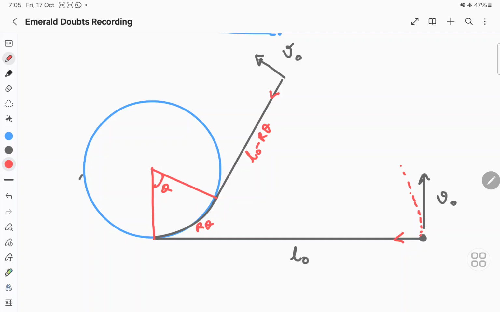We can safely imagine that the body, in the next dt time, goes tangentially to this L0 minus r theta and travels a certain angle.